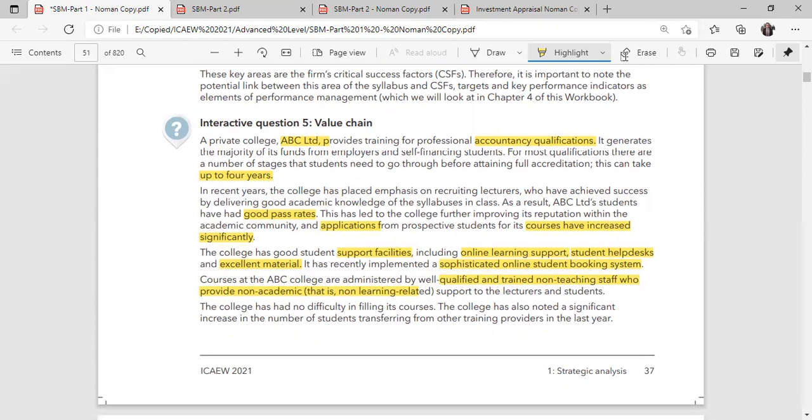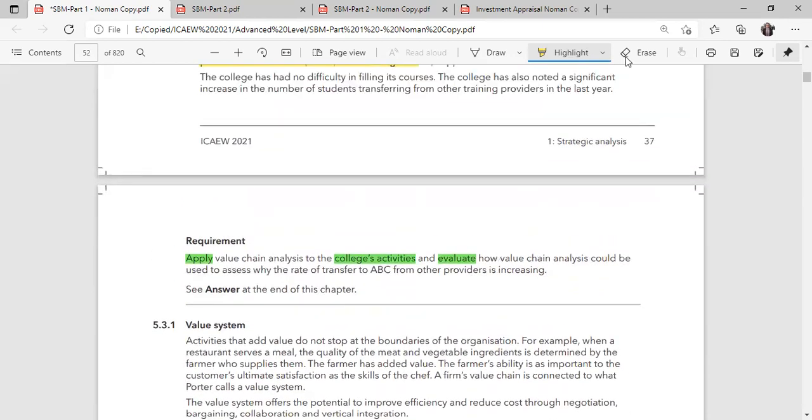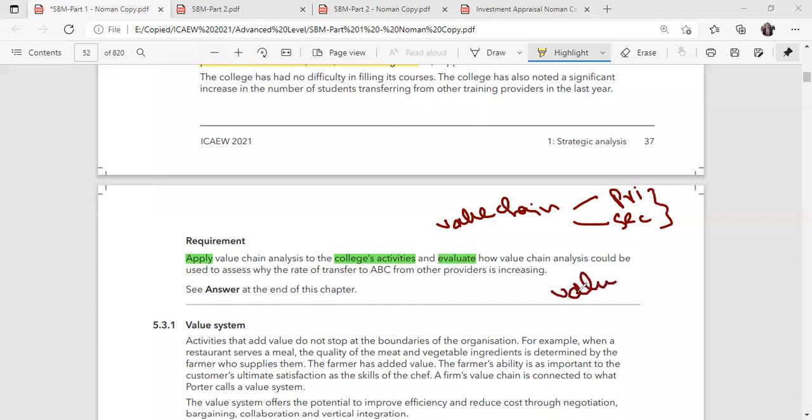Yes. First of all, if you have such a question, you should understand that in value chain there are two types of activities, primary and secondary or support. Most of your discussion would be about primary and secondary activities, and then a small amount of discussion about your value drivers.